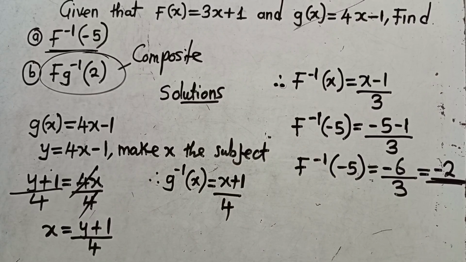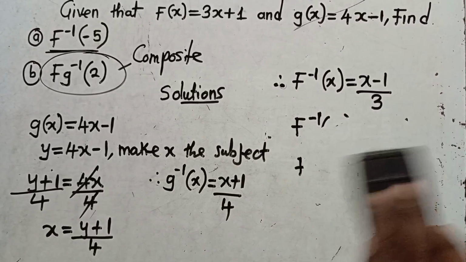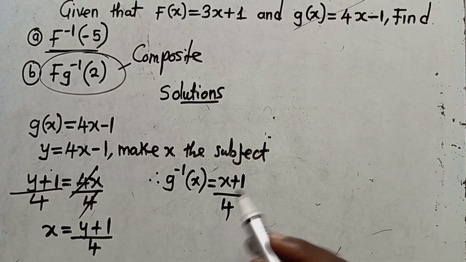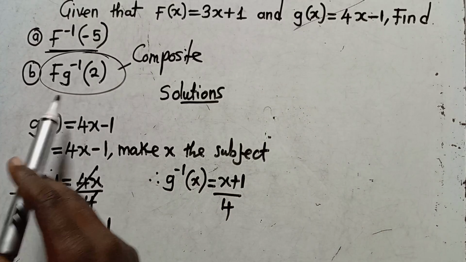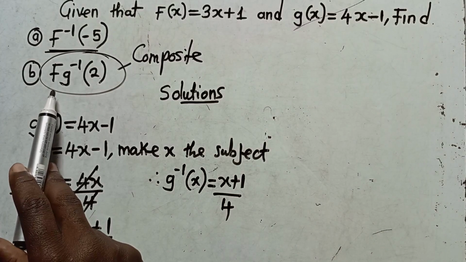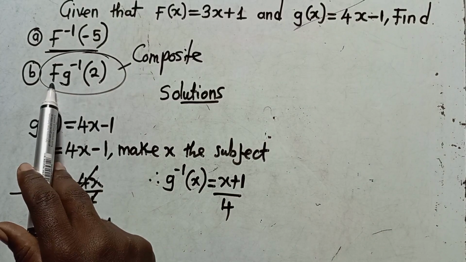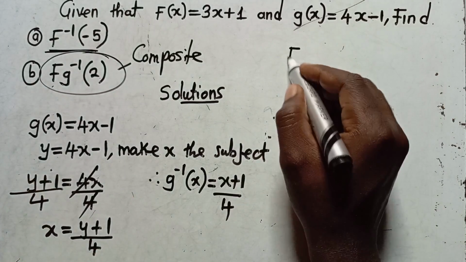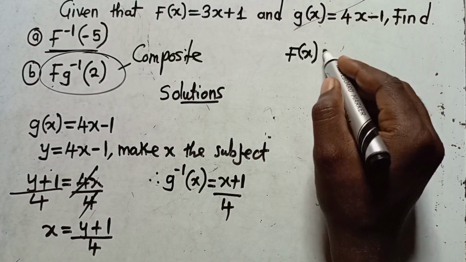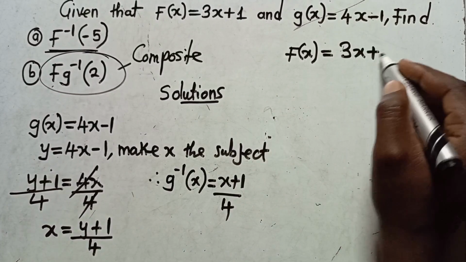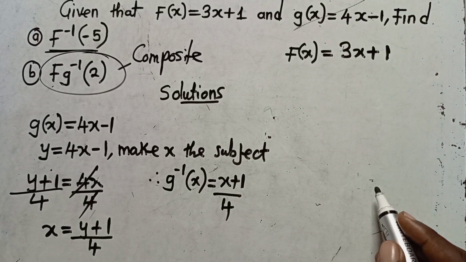Once I find the inverse part of g, then the substitution now becomes easy. Have you seen? I'm told to find f g inverse of 2. So I start with the function f. f of x is equal to 3x plus 1.